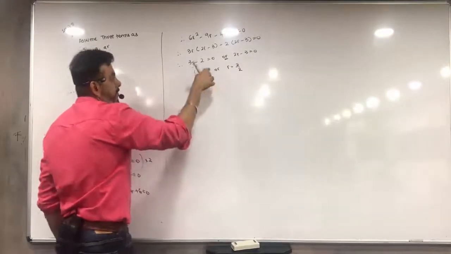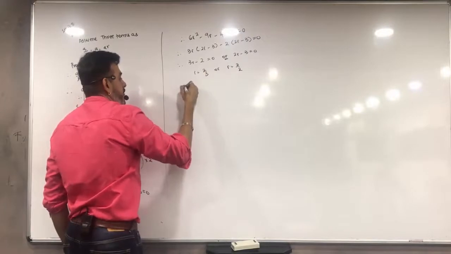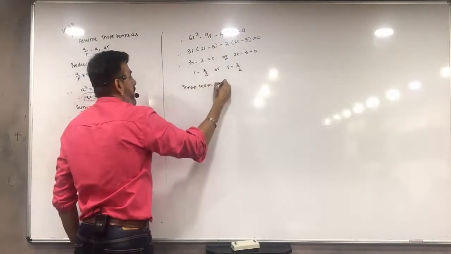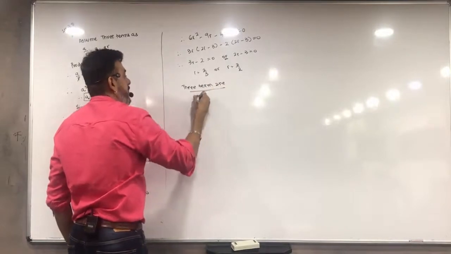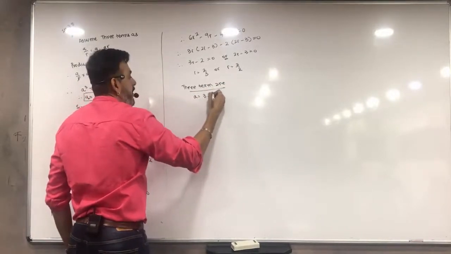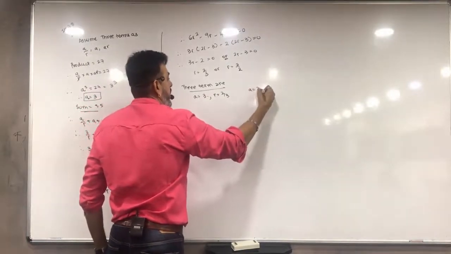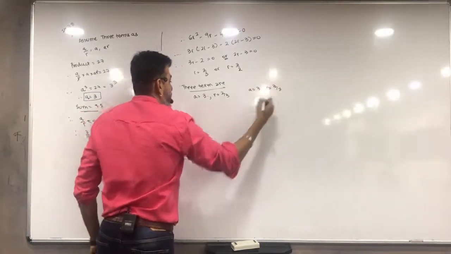So we'll take r is equal to 2 by 3. So 3 terms are a is equal to 3, r is equal to 2 by 3, and a is equal to 3, r is equal to 3 by 2.